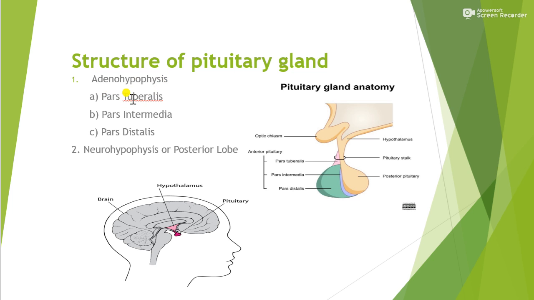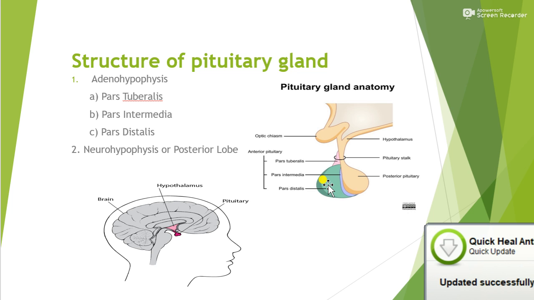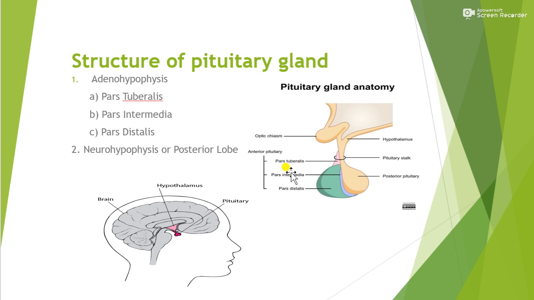That is pars tuberalis, pars intermedia, and pars distalis. Look at this, this one is the pars tuberalis, pars intermedia, and pars distalis. It is the largest part of the pituitary in all vertebrates except cyclostomes and teleosts.